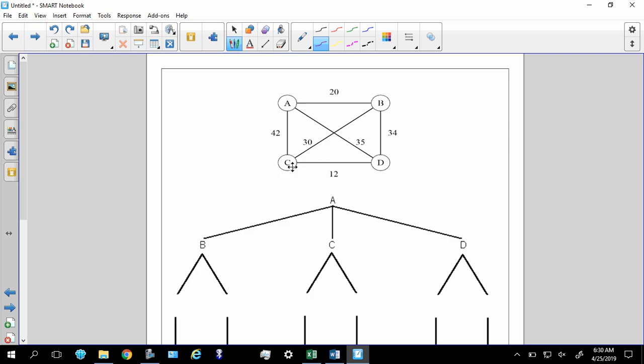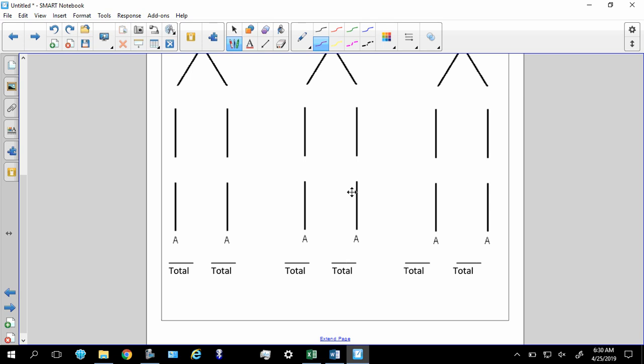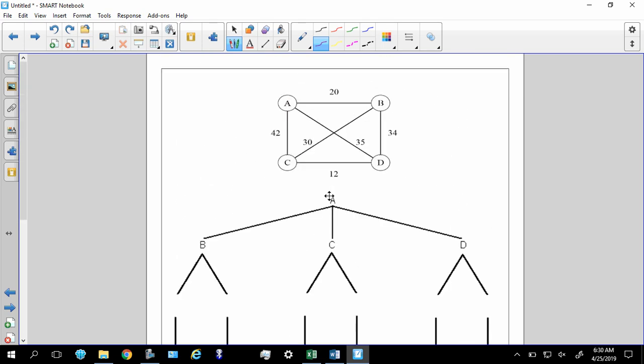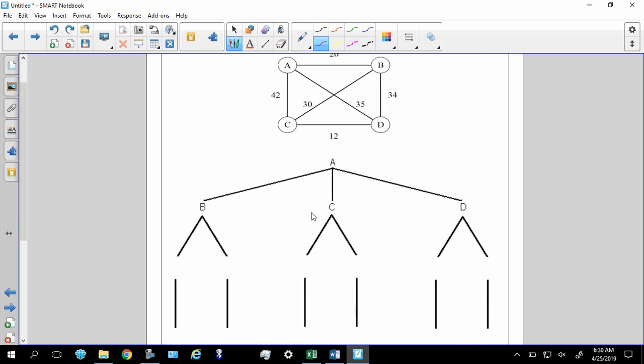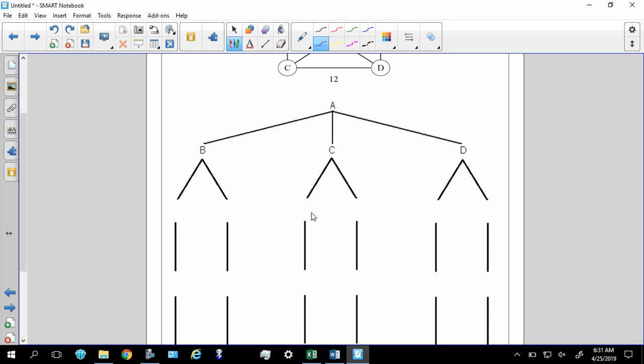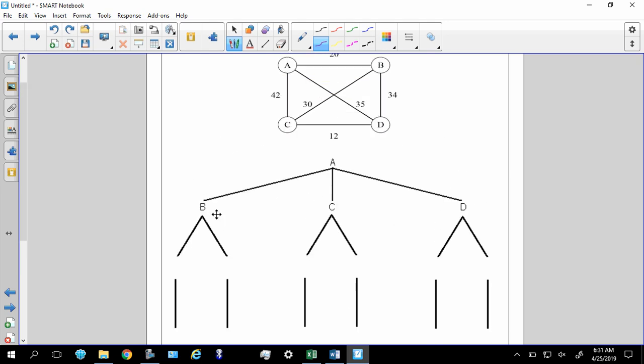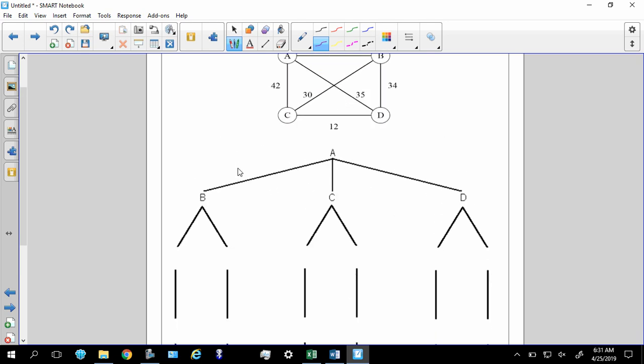So what we have here is a traveling salesman problem where we're going to have to put all of our information down here. If you remember how to do this, and we went over it a couple times, I went ahead and set up everything for you just to make it a little easier.